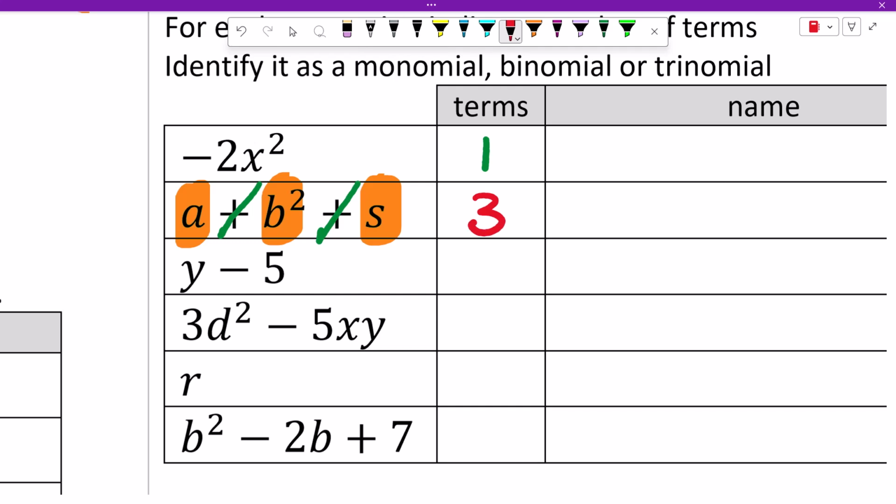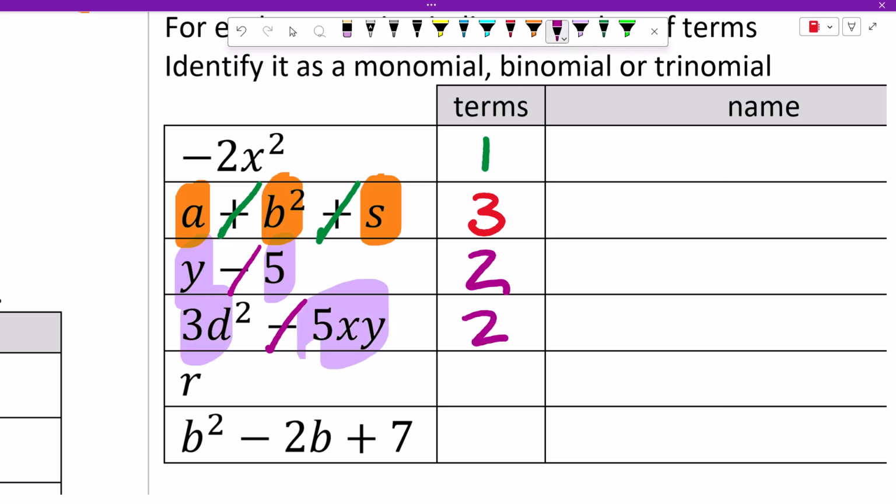Next one, how many terms do you see? 2. A split right here and 1 part, 2 parts, 2 terms. Okay. Next one, 2. Thank you, Thomas. Split it here, right? 1, 2.